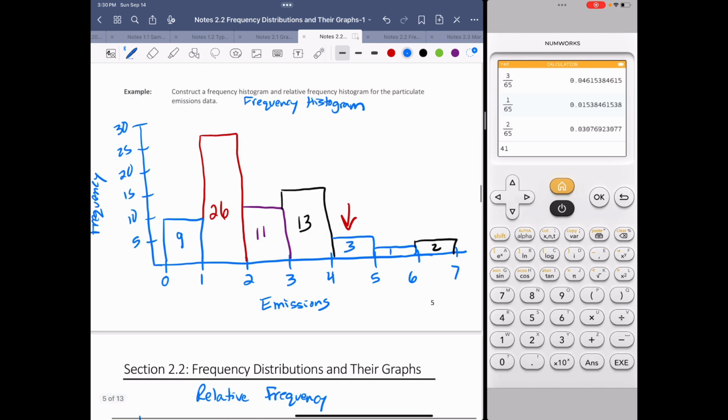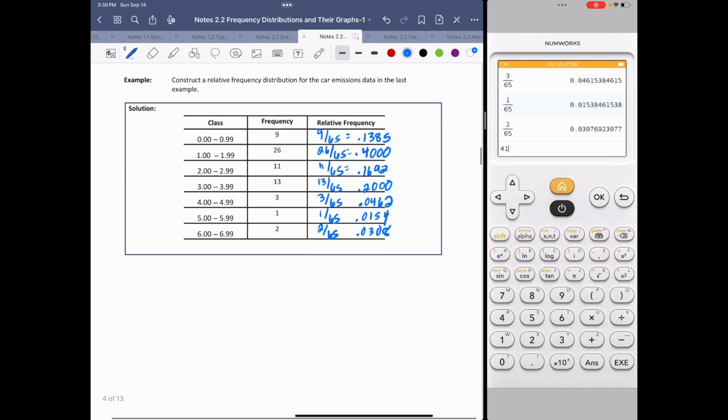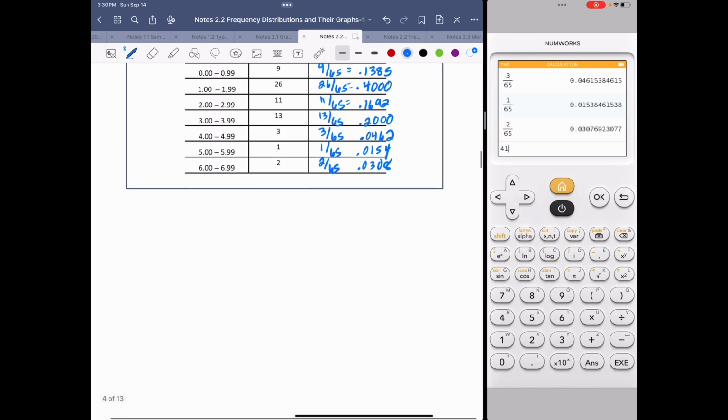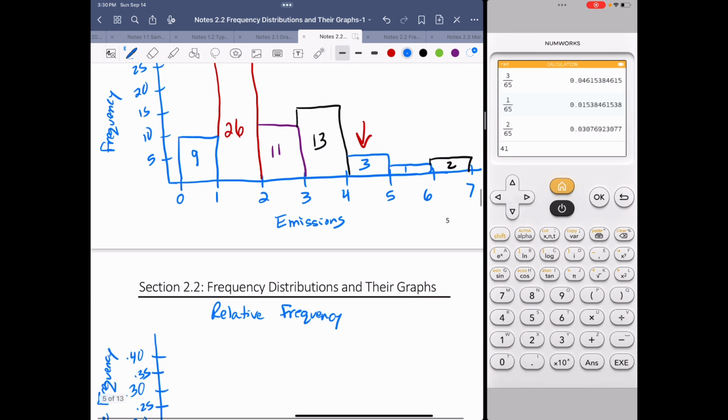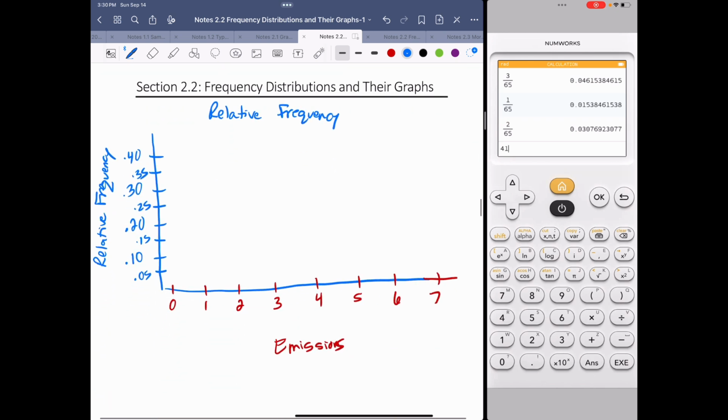The first one has a frequency of 0.1385, so about 0.14. So 0.1385 is going to go right there.